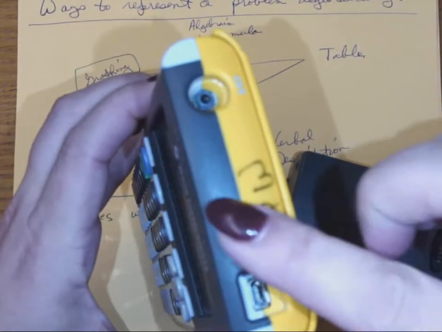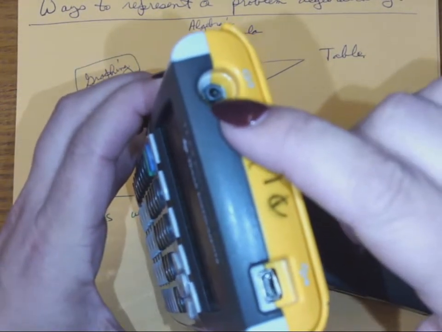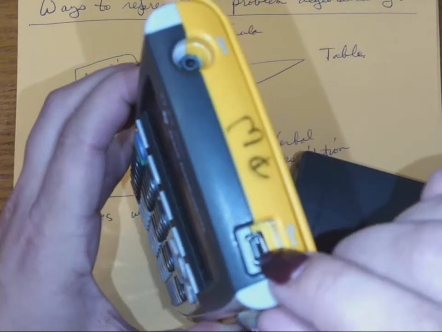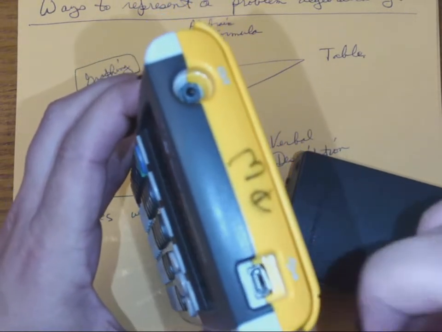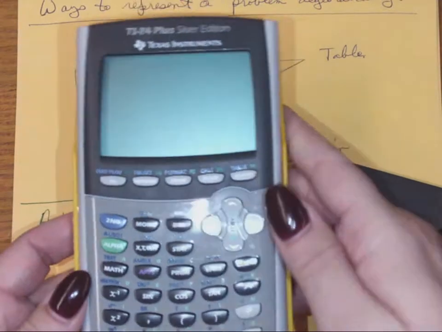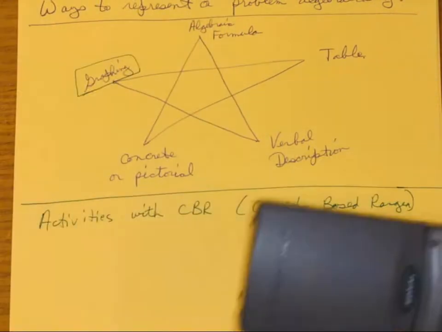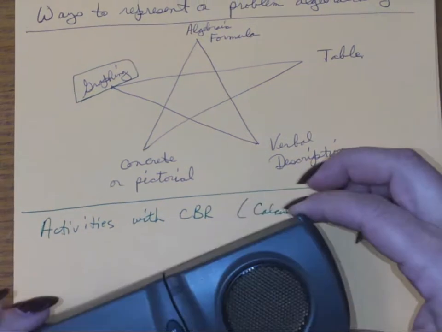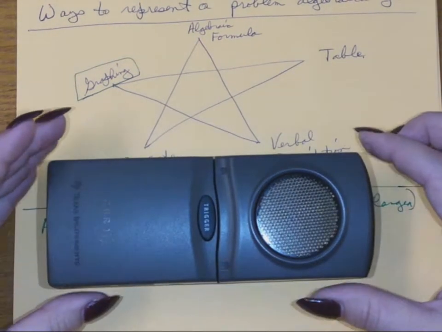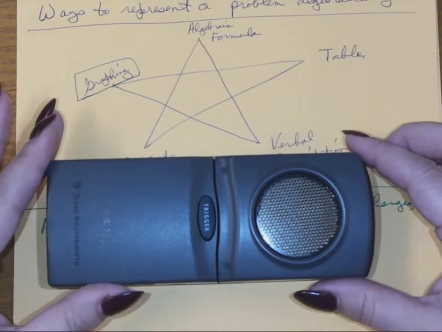There's a couple of different kinds. One just looks like your headphones, and the other one is the micro USB. So depending on what kind of cable you have, you could use it to connect into your 83 or 84.